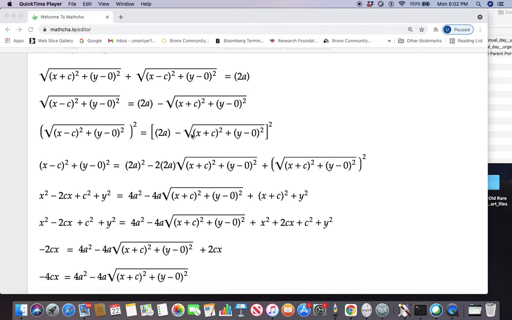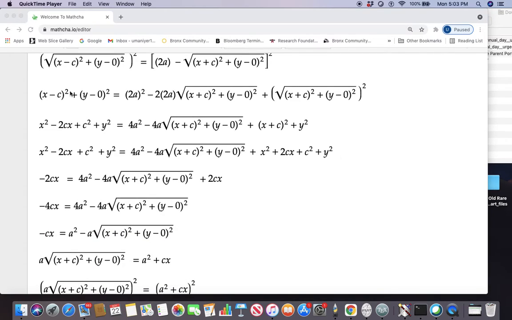the square of a difference. So you have the complete square formula: (2a) squared minus 2 times 2a times the radical plus the radical squared.